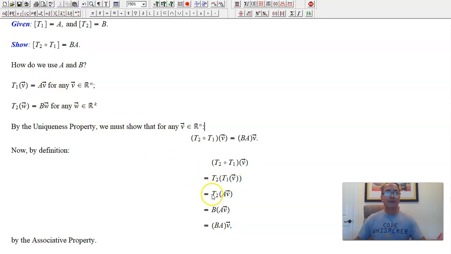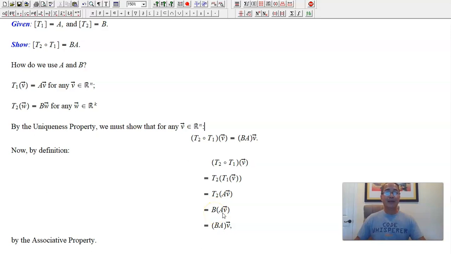We said it's just A times V. So it's the same as T2 evaluated at A times V. So this is now some vector from Rk, the domain of T2. That's like a W. Therefore, to compute T2 of this W, it's the same as multiplying that W by the matrix for T2, which we said is B.